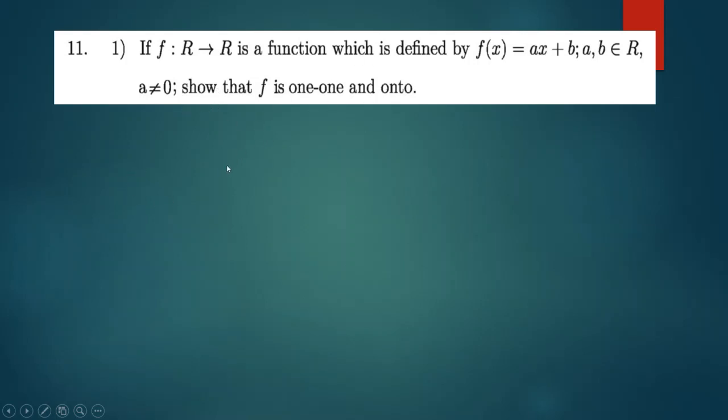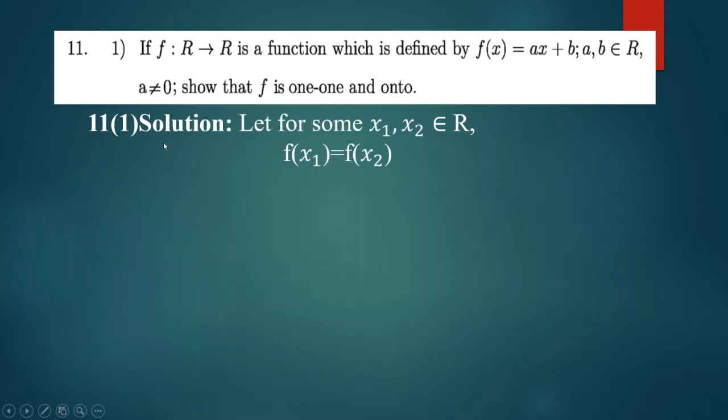To show f is one-one, we have already solved this type of question in 10.2. Similarly, let for some x1, x2 belongs to domain and their images are same. Therefore, place x1 in place of x, you get ax1 plus b, and x2 in place of x, you get ax2 plus b.